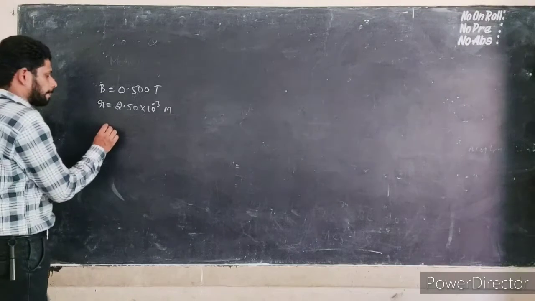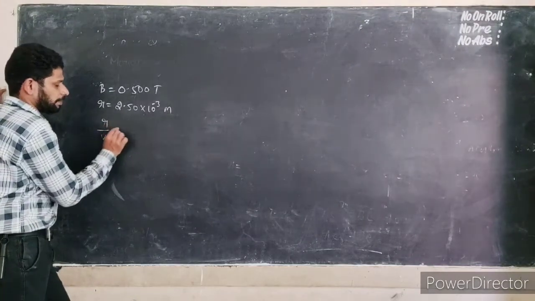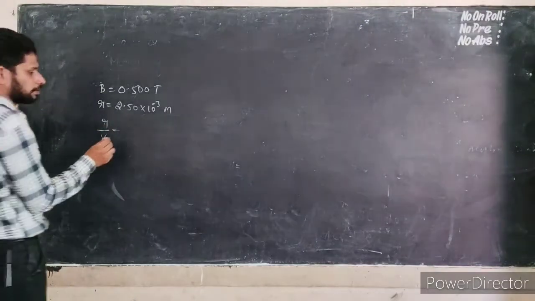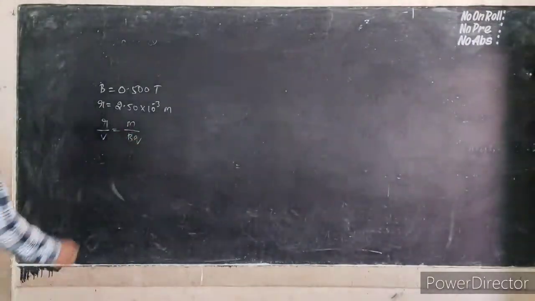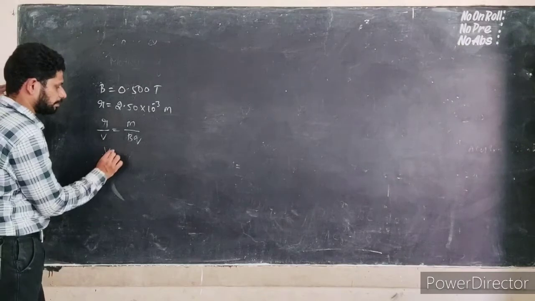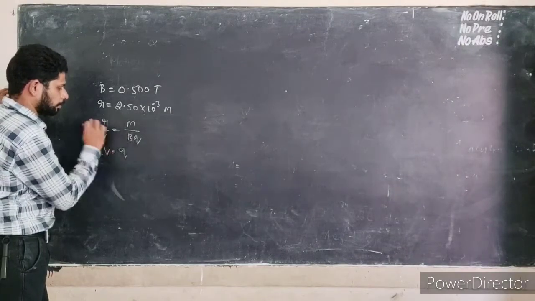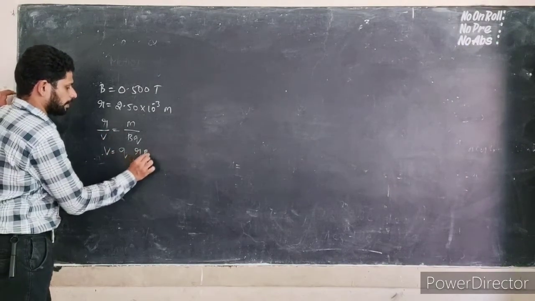We know that r equals mv by qB. From here, the velocity v equals qBr by m.